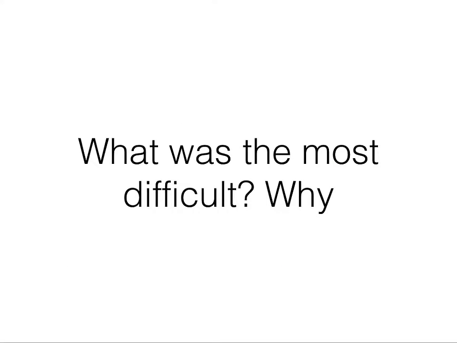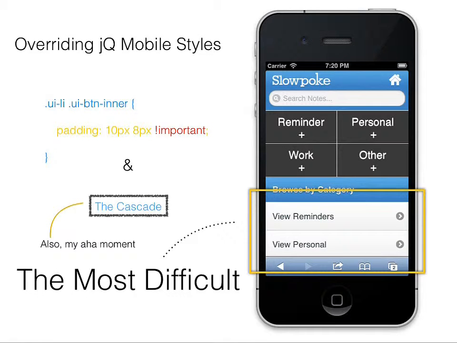What was the most difficult and why? In this project, this is not necessarily in regards to the design, but, well, it is, but it was more or less in regards to the coding. I have in the heading, overriding jQuery Mobile styles. And so this was one of the most difficult things for me, was figuring out how to override those styles.